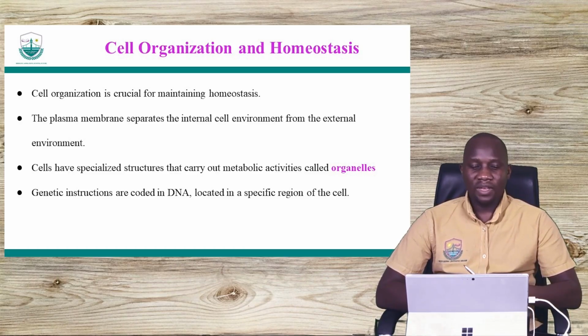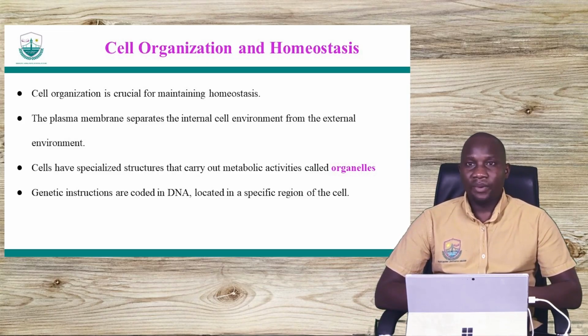Okay, so that means that it is very important for the cell to maintain its internal environment, because you can only control what is under your control. You may not necessarily control what is outside your control. So the cell may not have control over the external environment, but it can control to some extent the internal environment.